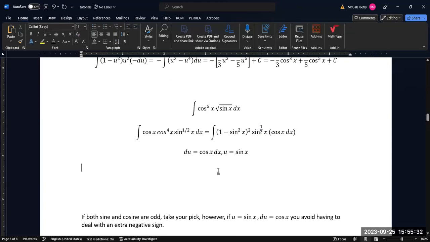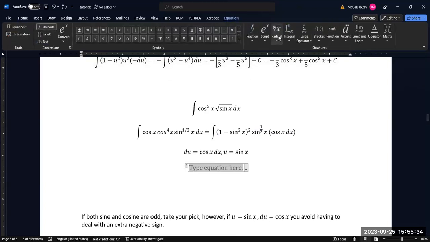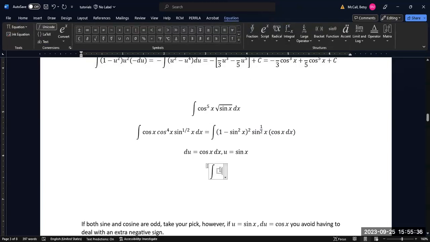And so now if I make my substitutions, I'm going to get 1 minus u squared, squared, u to the 1/2 du. And now I'm going to have to do my foiling. It's honestly a little easier, I think, to do your substitutions and then do your foiling.